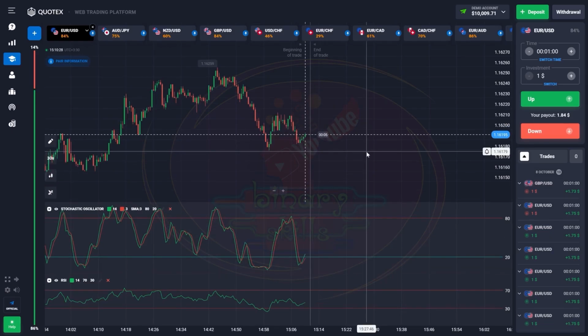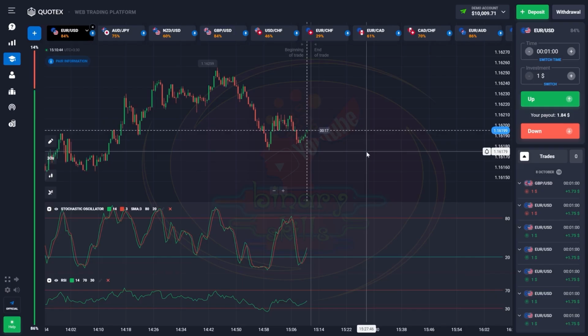The core idea of this strategy is similar to what I've taught you before using different indicators. The basic concept remains the same. In this strategy, we are looking for points known as overbought or oversold areas. For example, when the price reaches an overbought level, we expect a price drop to follow, meaning the price will go down.